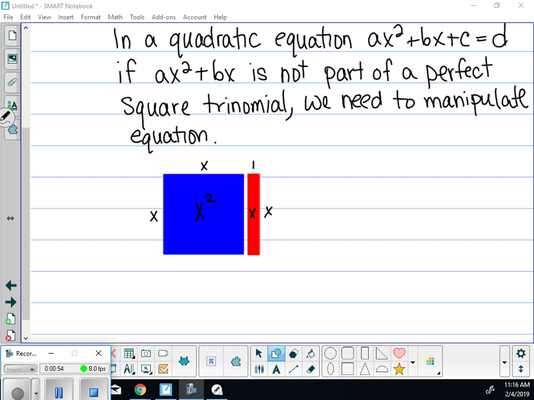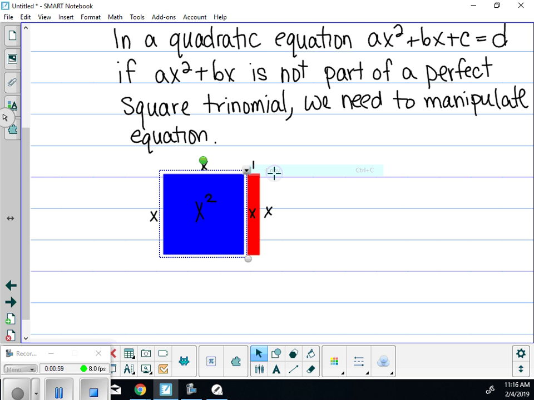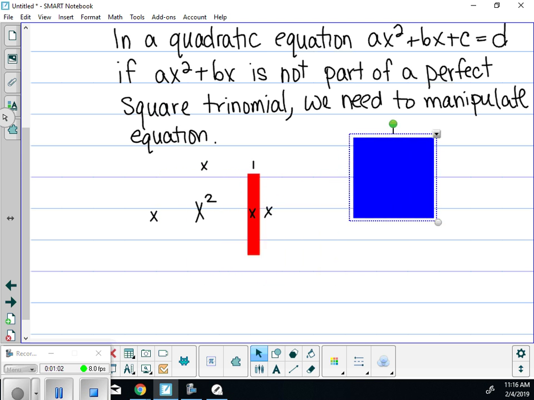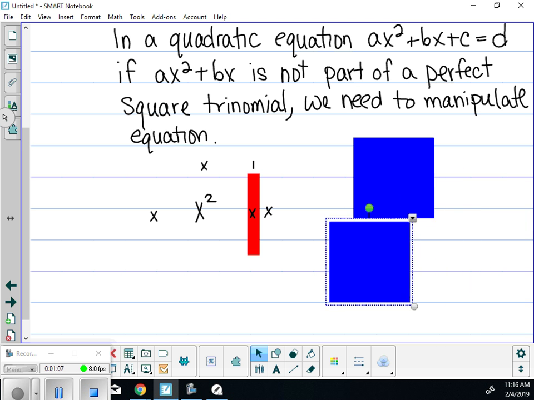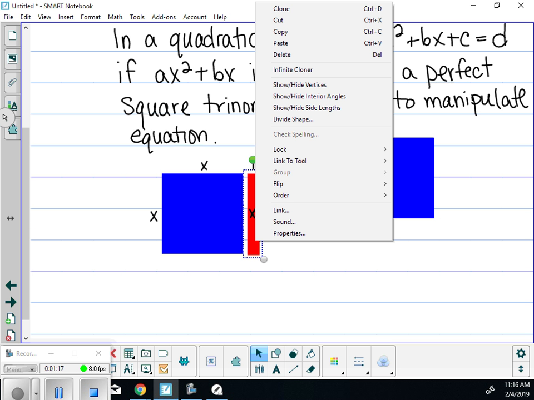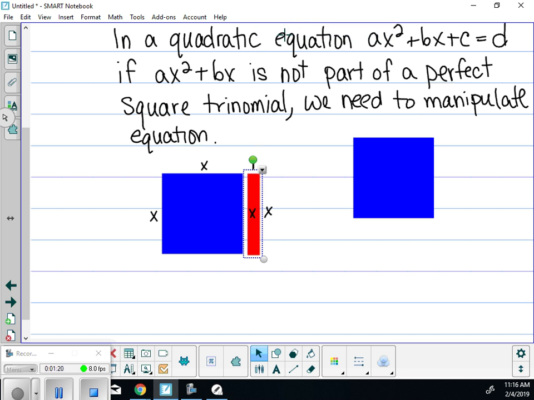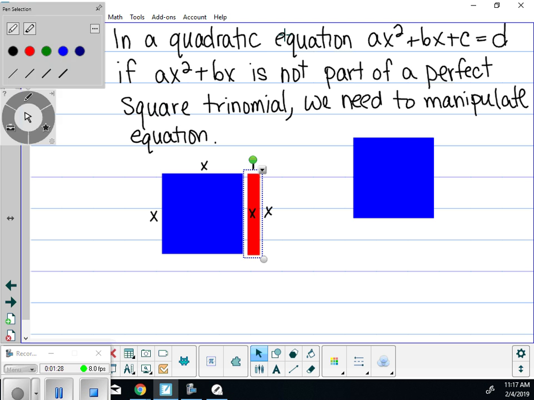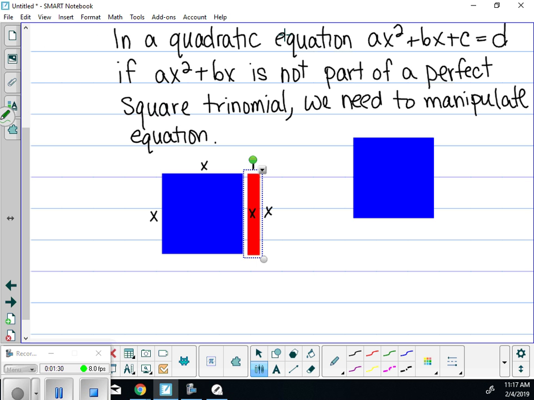So if we want to do this visually, let's say I have x squared plus 2x. We'll do just an easy one, a more simple one.